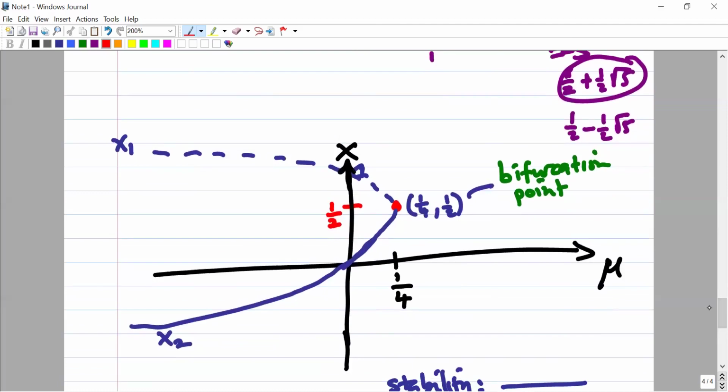In this case, they're on the left-hand side of mu equal to 1 over 4. Just draw a straight line. So we know what happens when the equilibrium point is unstable. It repels trajectories.